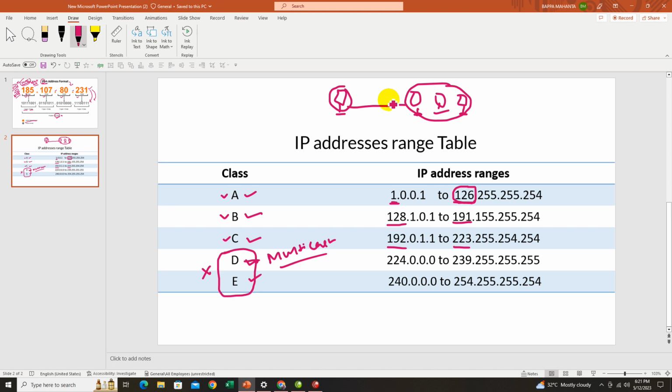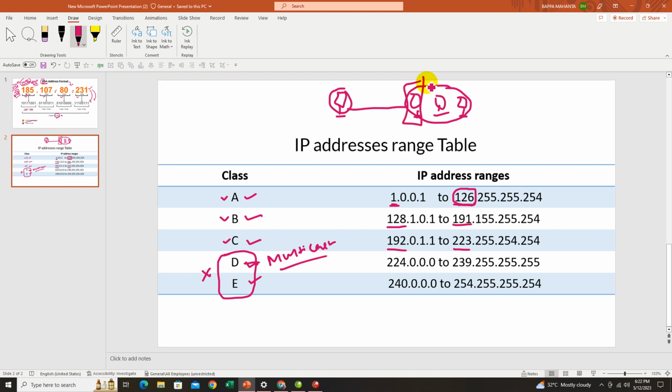And if this computer is communicating with only this or maybe these 2, not this one, this could be called multicasting communication. Multicasting means communicating with multiple devices but not all the devices. Remember, for that kind of scenario, class D is reserved by ISPs and E is reserved for their internal purpose.